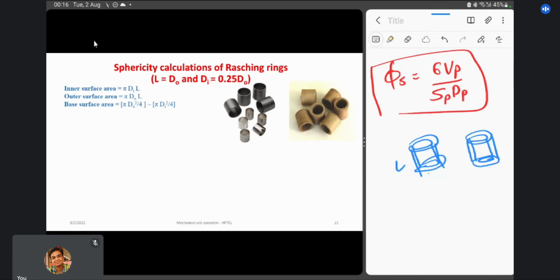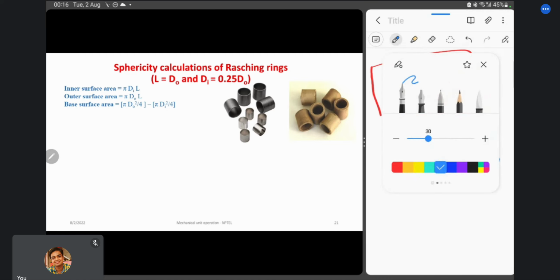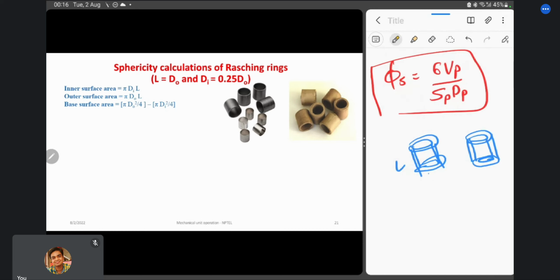So for the inner surface area, we can consider it with the help of pi. Actually for a cylinder we use pi dL.